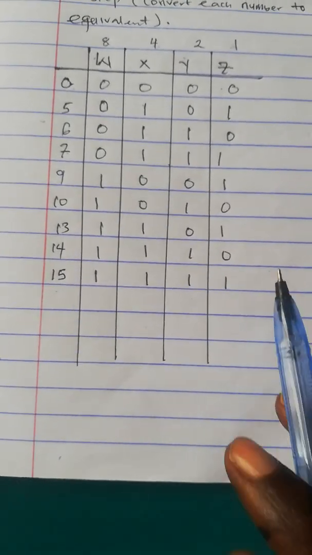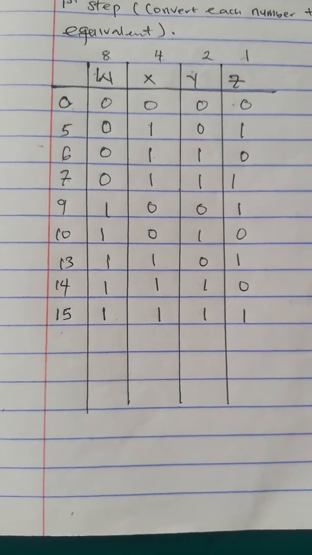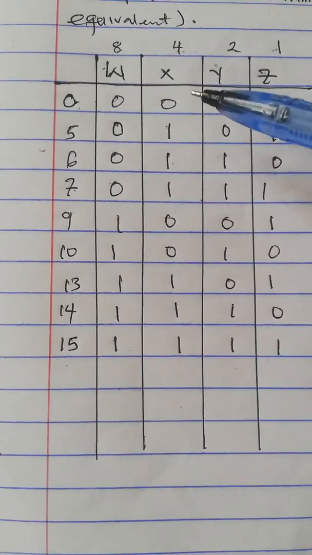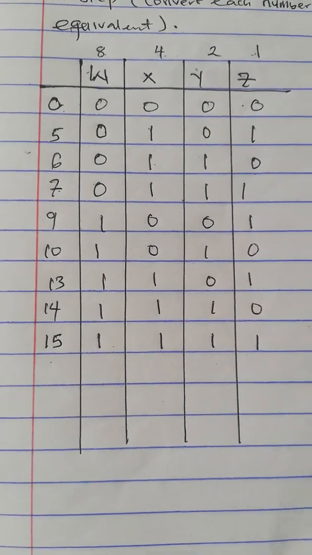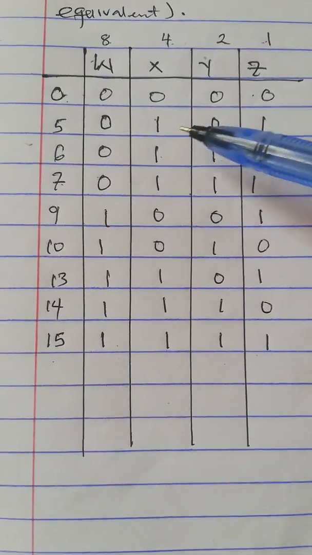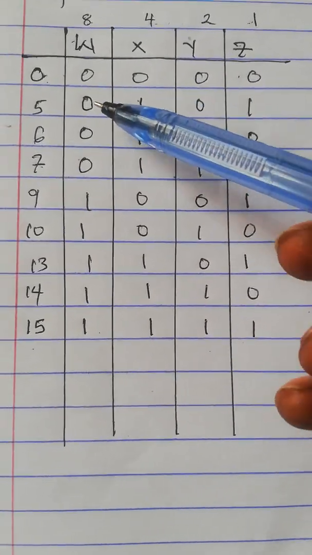The next step now is to find your minterms. Minterms simply means those that have the same number of 1s.